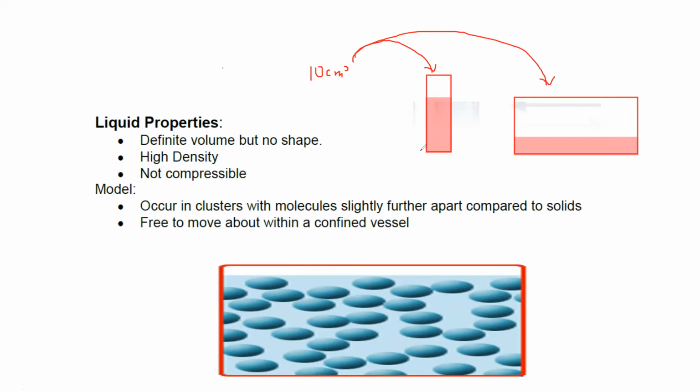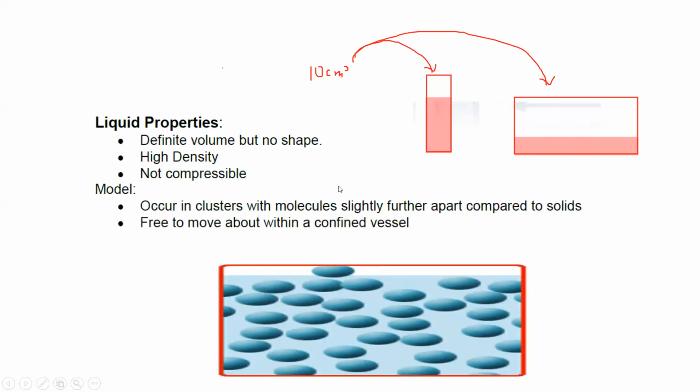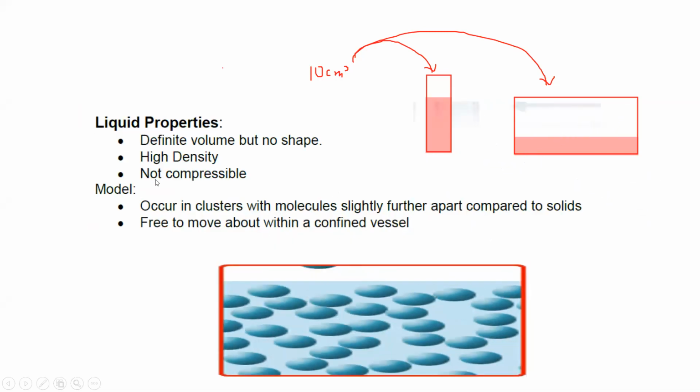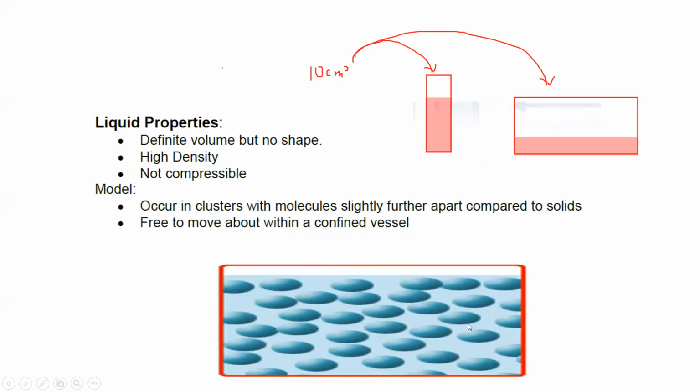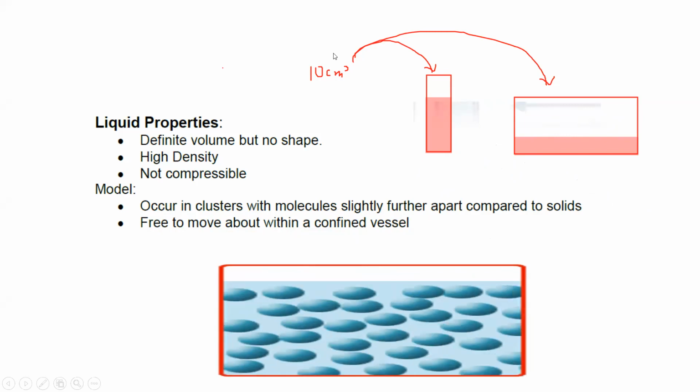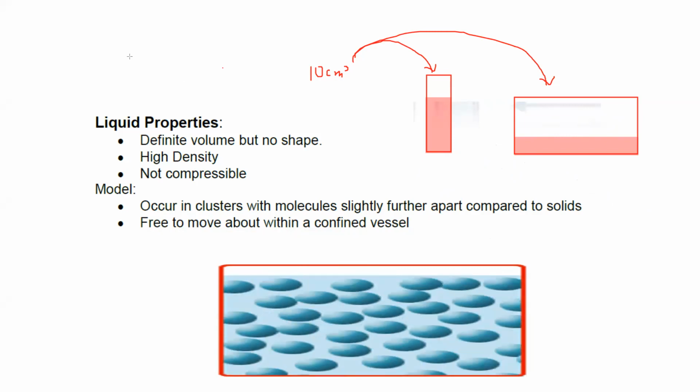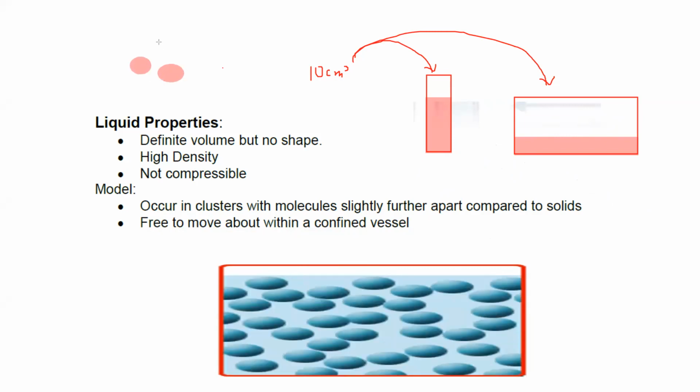Relatively, they have high density compared to that of gas. The particles, compared to those of a gas, are closer to each other. And it is not easily compressible either. It is difficult to compress, because the particles do not have too much space. There is a space, but very little space is available. So it is not compressible, because the particles are already close.